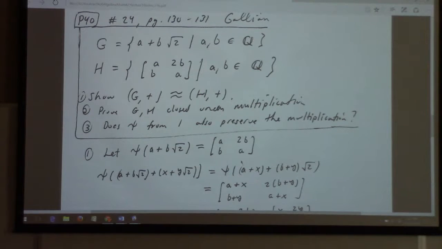This one's fun. Here we have the group defined by linear combinations of rational numbers and rational numbers times the square root of 2.